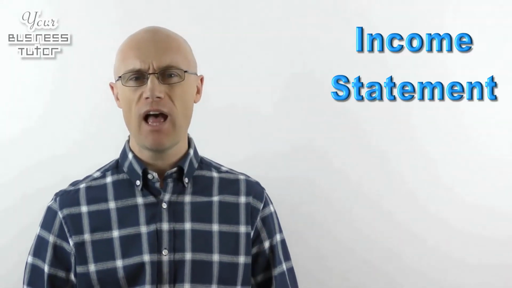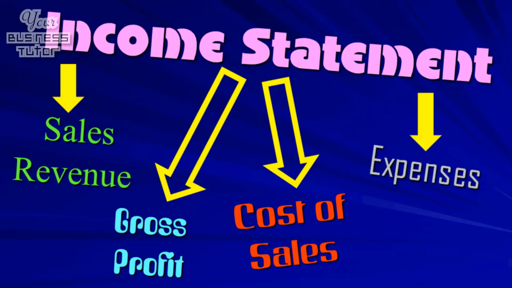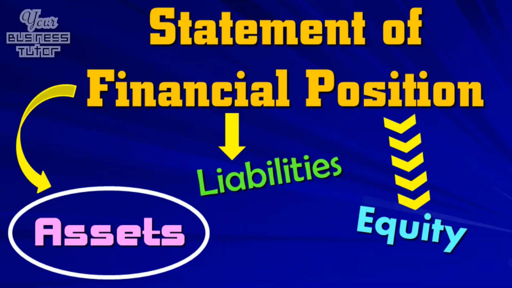For example, an income statement not only shows how much profit a business has made in a year, but also highlights other important pieces of financial information such as sales revenue, gross profit, cost of sales and expenses figures. Equally, a statement of financial position provides a huge amount of performance data such as how much the business is worth, all the way through to information on assets, liabilities and equity.